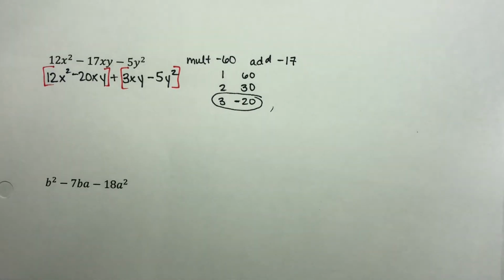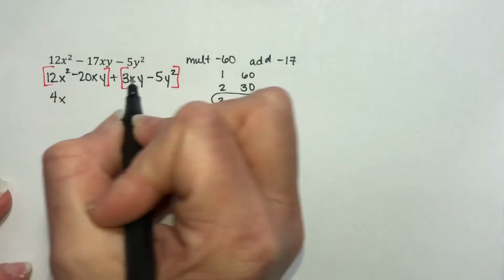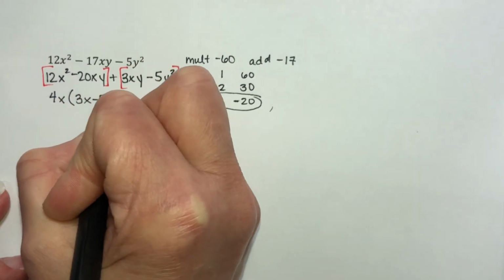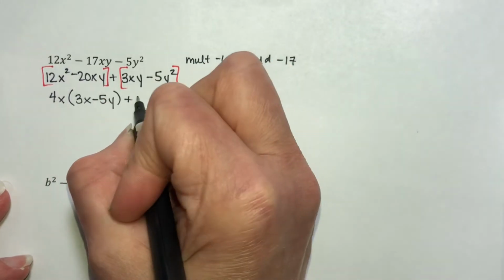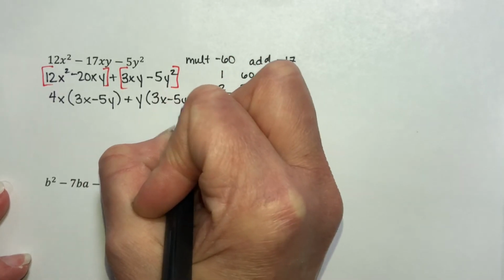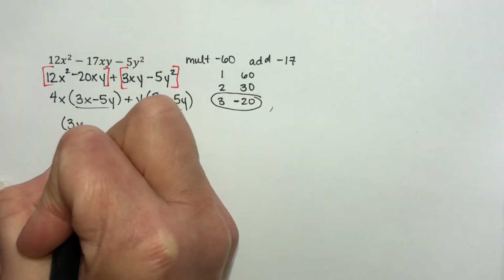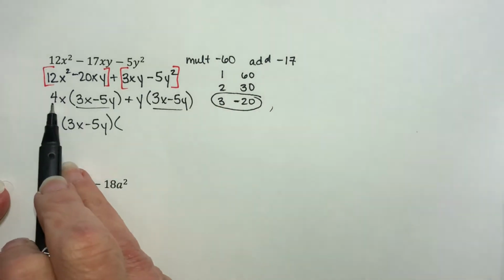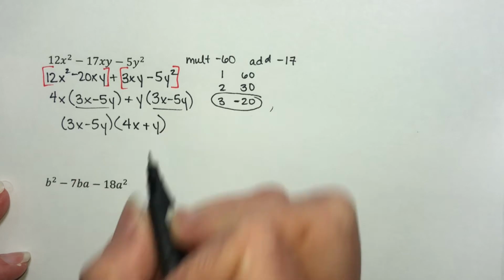From my first grouping, I can factor out a 4 and an x, and that leaves 3x minus 5y plus, from my second group, I can factor out a y, leaving 3x minus 5y. Now these two are the same, so we write that down once, 3x minus 5y. And then we make a set of parentheses out of what we have left, 4x plus y.